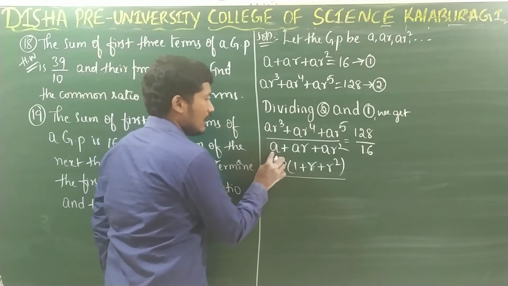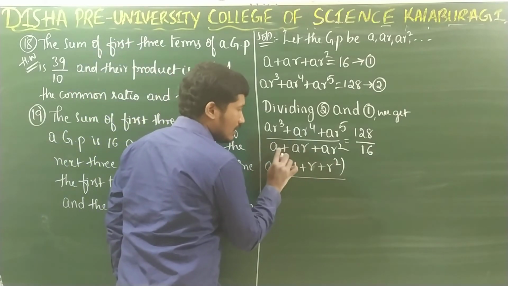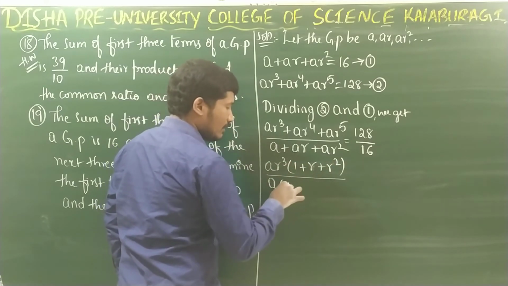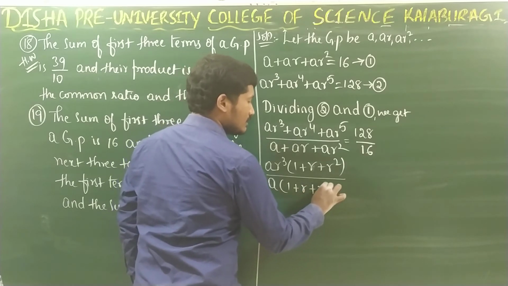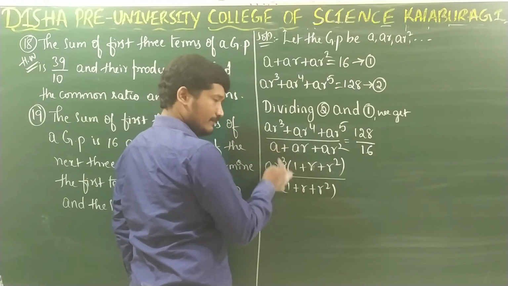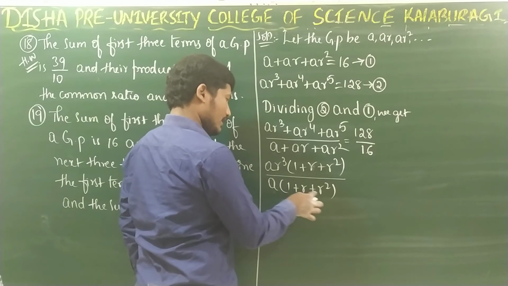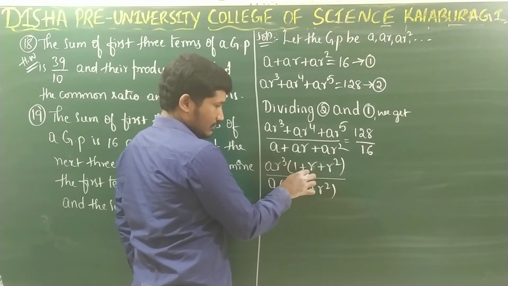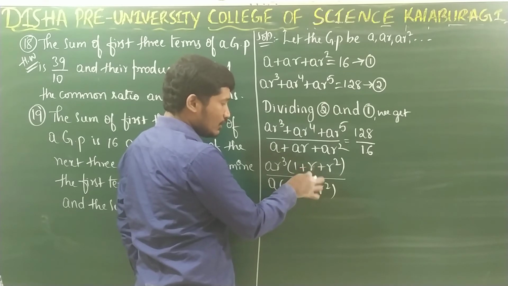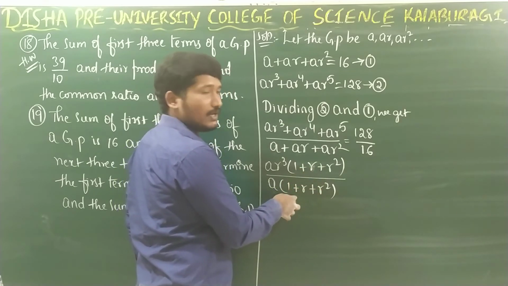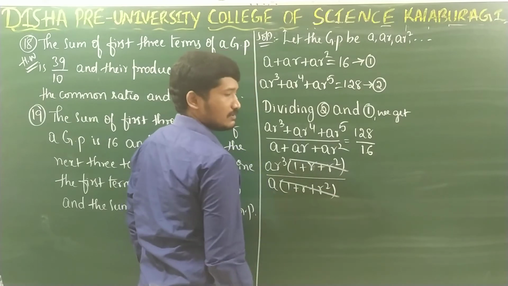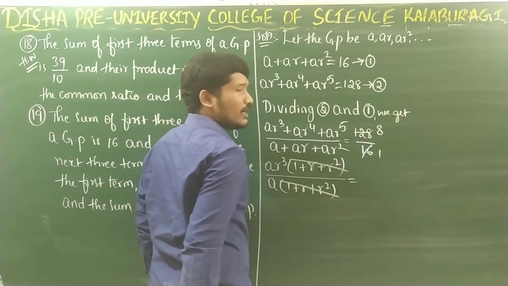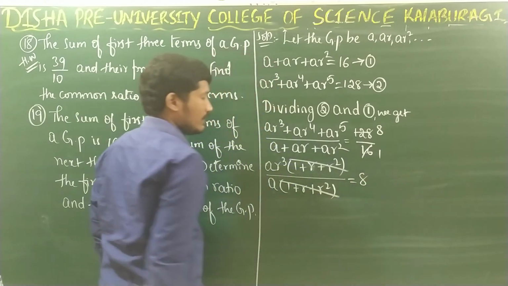Again in the denominator, A is common. Take it outside, and you will be left with 1 plus R plus R square: A into 1 is A, A into R is AR, A into R square is AR square. There is one term which is the same in numerator as well as denominator, so it cancels. 128 divided by 16 is 8.